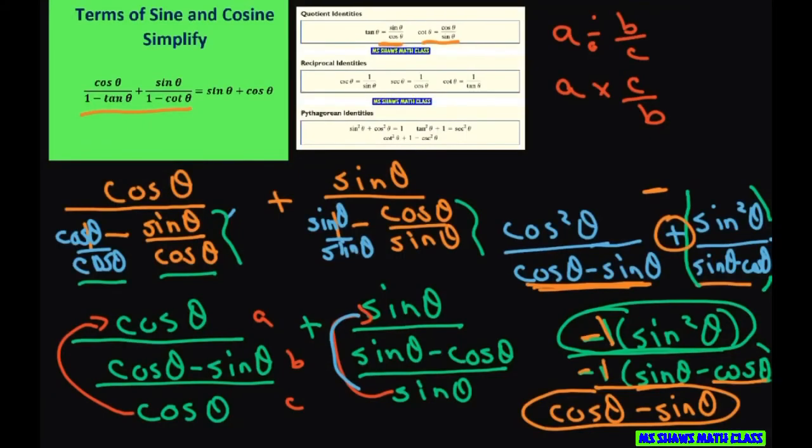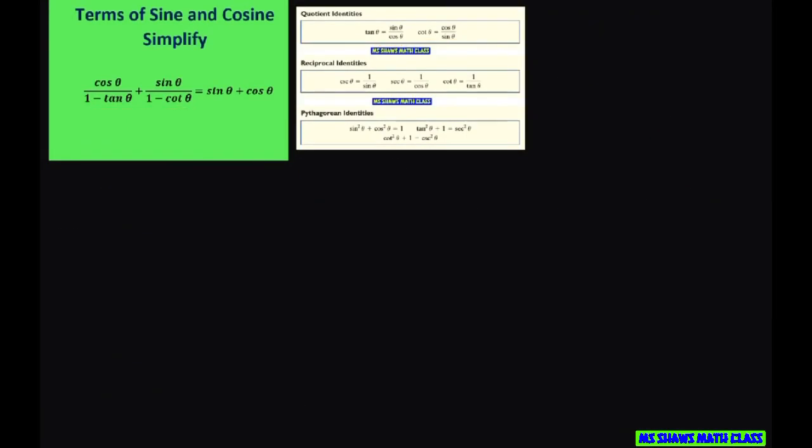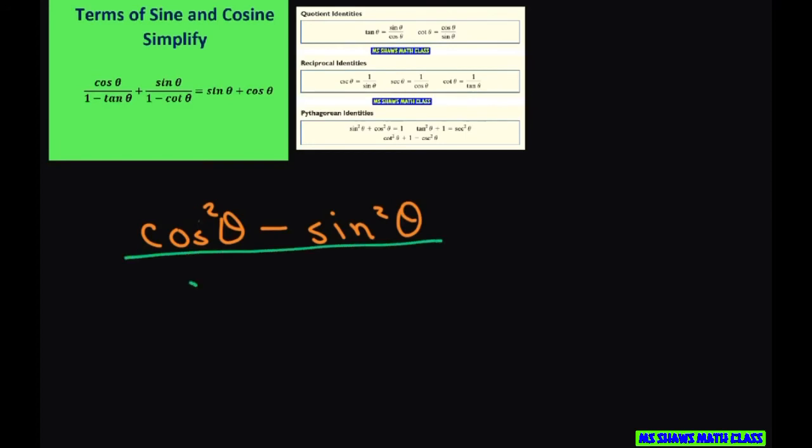So now what we have is cosine squared of theta minus sine squared of theta, and my denominator is now common, the common denominator, cosine of theta minus sine of theta.